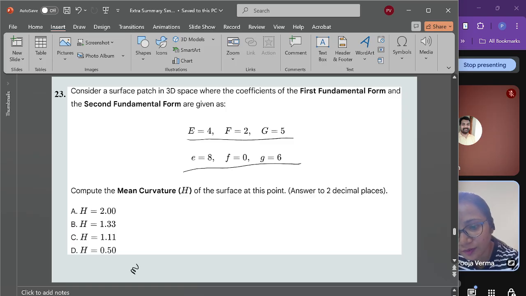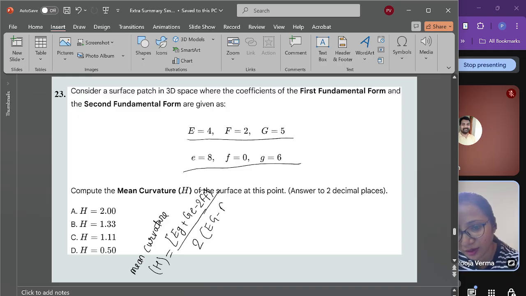So mean curvature H, if you remember, is calculated by this one: capital E small g plus capital G small e minus 2 capital F small f, over 2 times (EG minus F square). Have you remembered that formula?